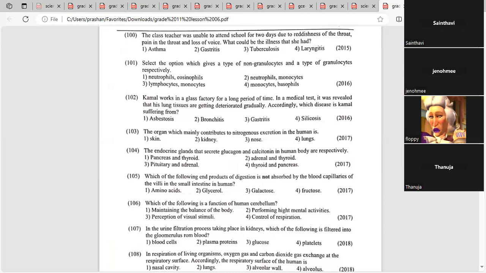Biological processes in human body. Today is the 10th of June, 23.